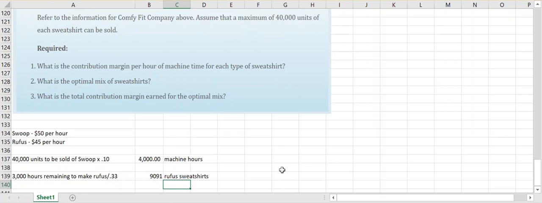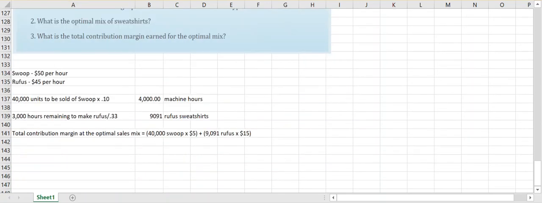So with the 4,000 machine hours, we could make the full demand of 40,000 units of Swoop, which makes us more money per constrained resource, which is our hours. That still leaves us with 3,000 hours of machine time, so we can use those remaining hours to make however many Rufus sweatshirts we can. Therefore, our total contribution margin at our optimal sales mix would be the 40,000 Swoop sweatshirts at $5 per unit and the 9,091 Rufus sweatshirts at $15 per unit.